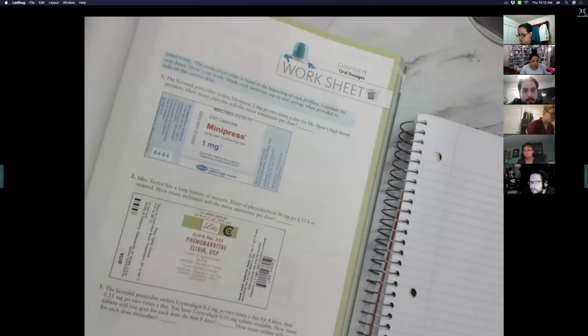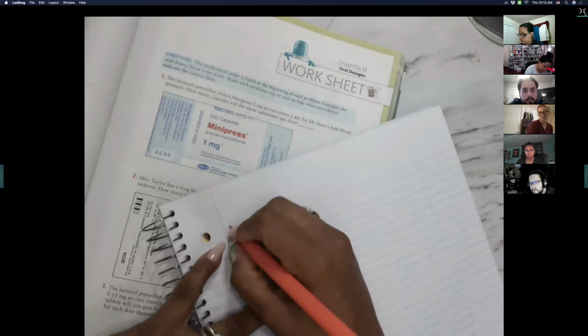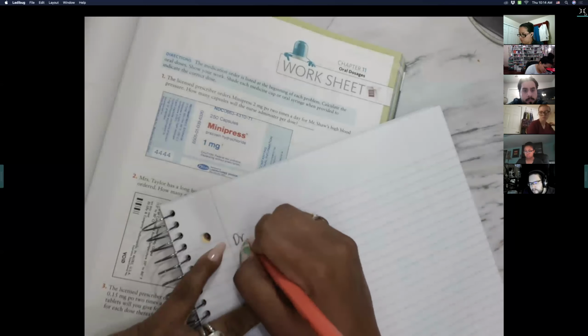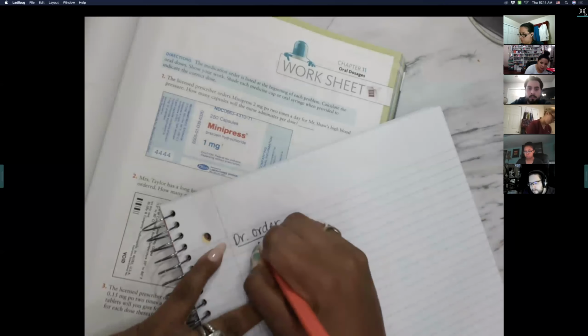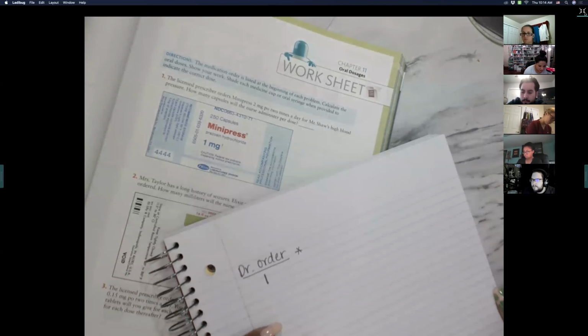Okay, so the way we're going to get into the habit of setting these up is the doctor's order over 1 multiplied by the concentration.